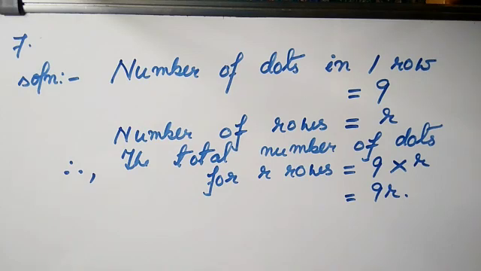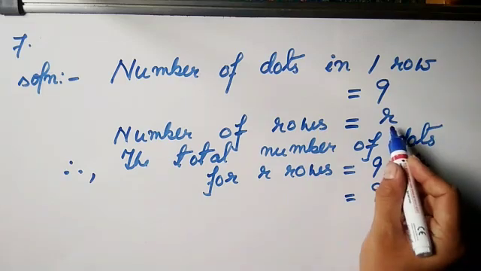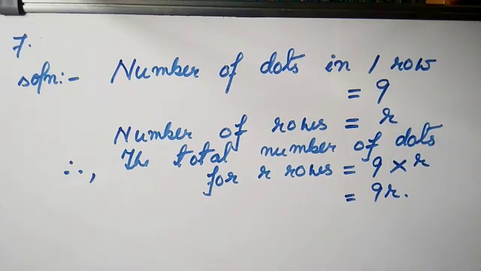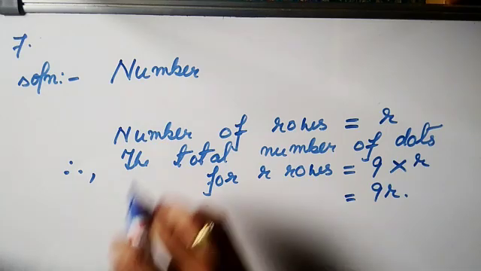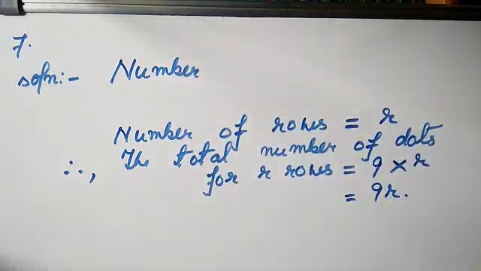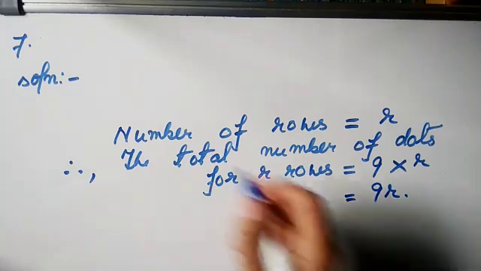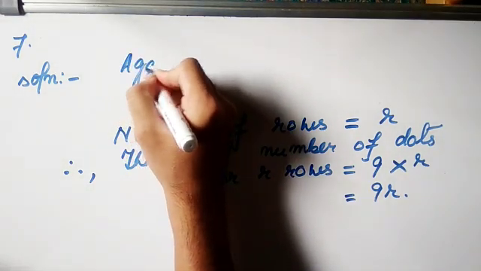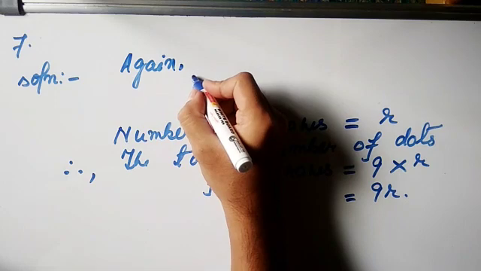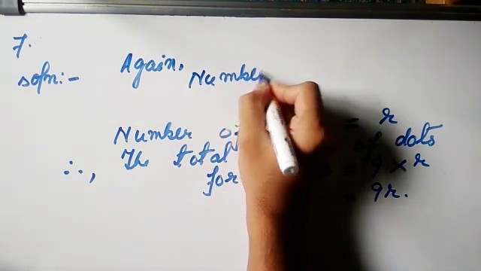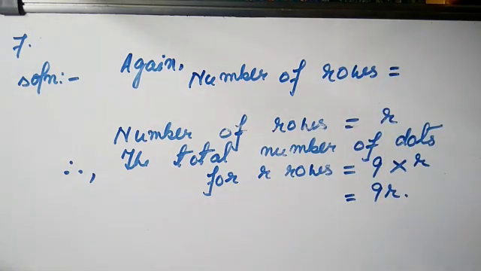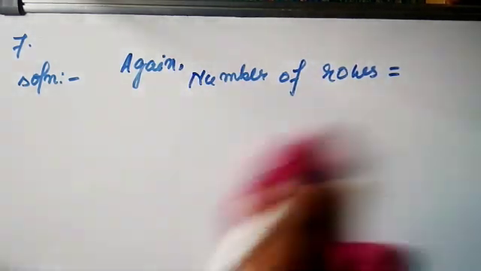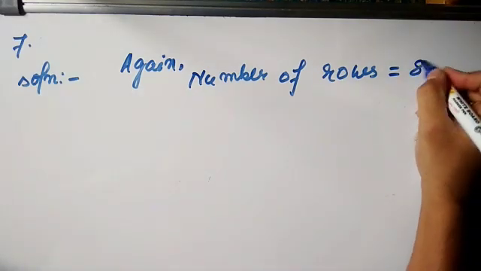Next, we have to find for how many rows? Yes, instead of r, next we have to find for 8 rows. So after this, I will continue writing here. After this 9, the next statement will again be number of rows equals, and instead of r, this time we have to take number of rows as 8.